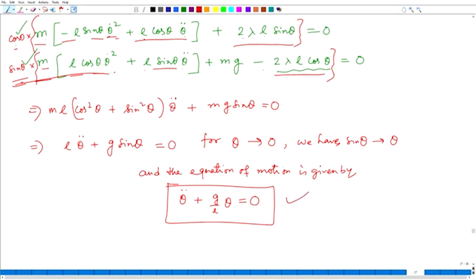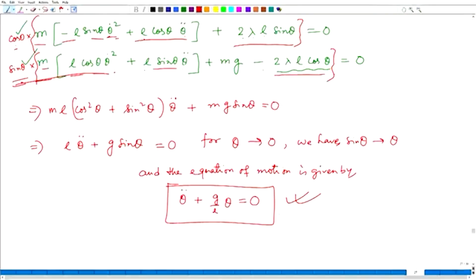Okay. So, what is this? This is again the equation of dynamics of a simple pendulum, where the angle theta is very, very small, and that is the popular form where you can see that the simple pendulum is actually performing a simple harmonic oscillation, okay, under the assumption that theta is tending to 0.